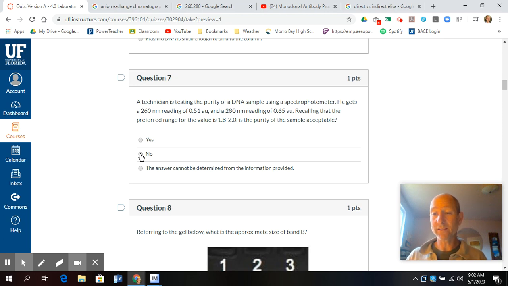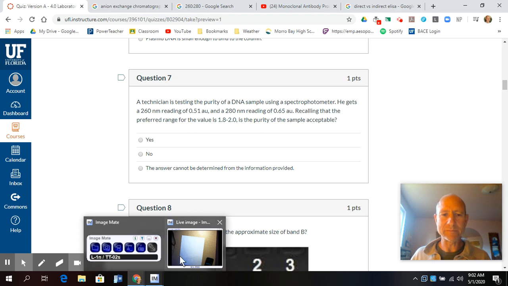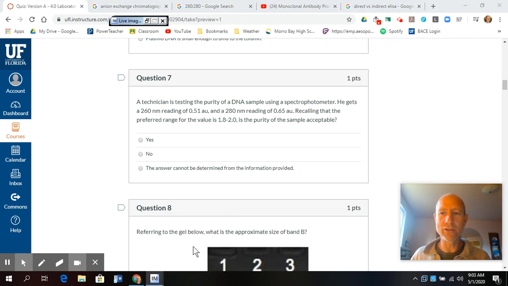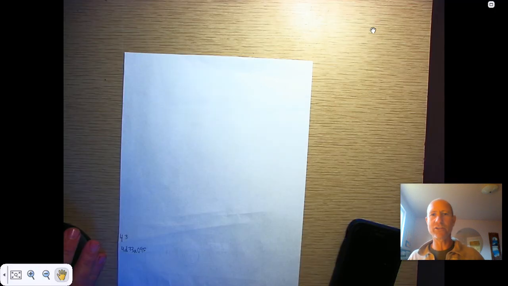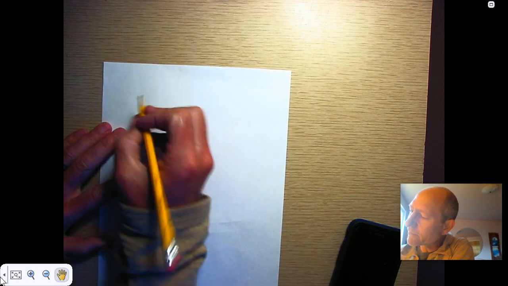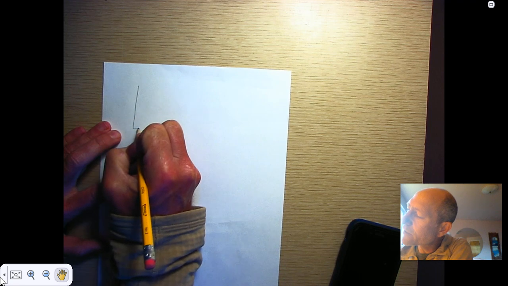Okay, well, here's the deal. We haven't done this. We have the Qubit fluorometer, which we use to measure the concentration of DNA in a solution, and that's new, and that hasn't been around for very long. So they used to just use a regular old spectrophotometer.